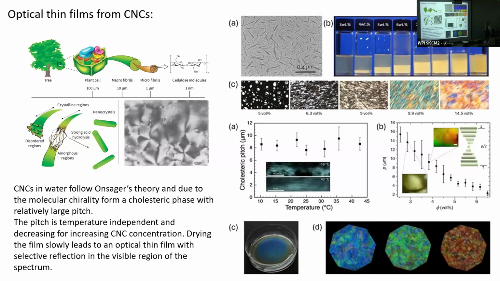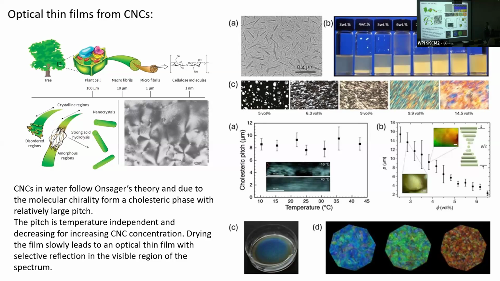And the pitch is about 8 microns, and it's pretty much temperature independent, but it depends on the volume fraction of your cellulose nanocrystals. The more cellulose you put in, the smaller the pitch becomes, which does make sense because they're chiral. The more chiral you make your system, the smaller the pitch of your helical structure becomes.